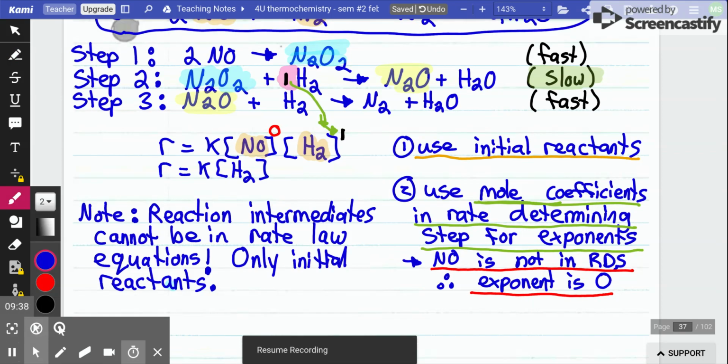Because they're reaction intermediates, they're actually not allowed in the rate law equation. So even though they're involved in the rate determining step, they cannot be in the rate law equation. So that's the end of part 1. You are going to have to continue into video lesson part 2 to finish this lesson on reaction intermediates.